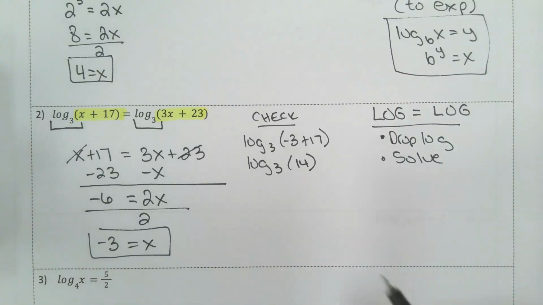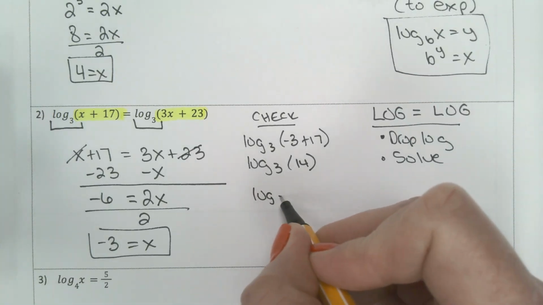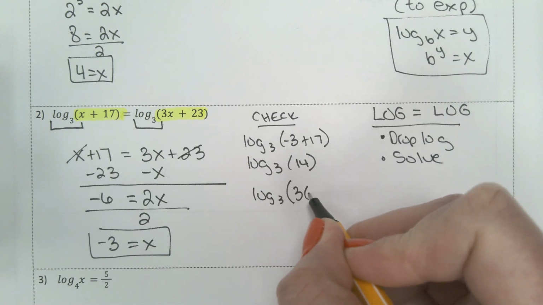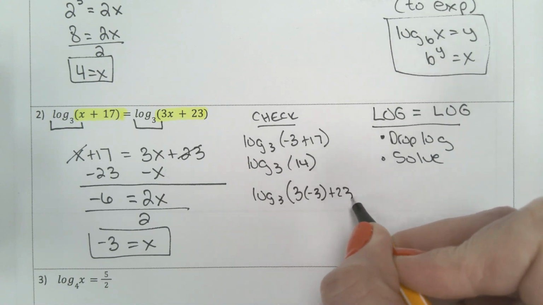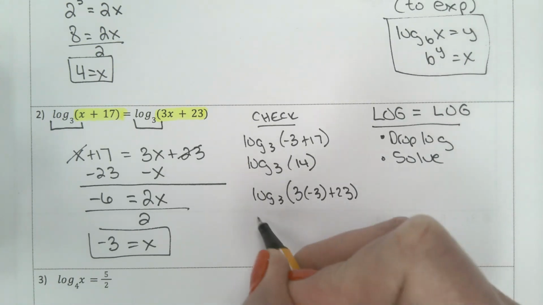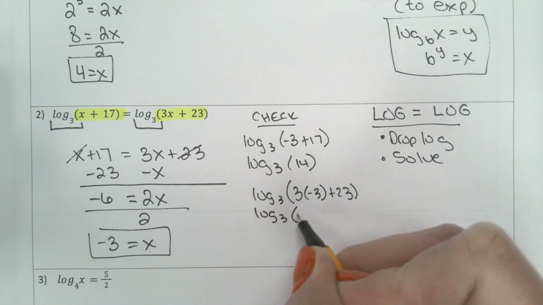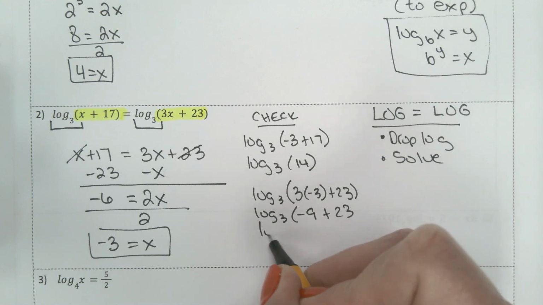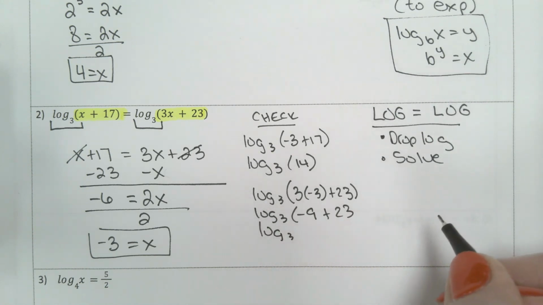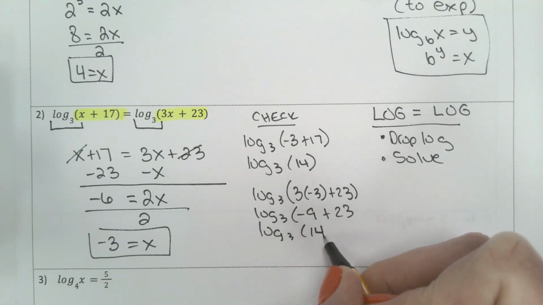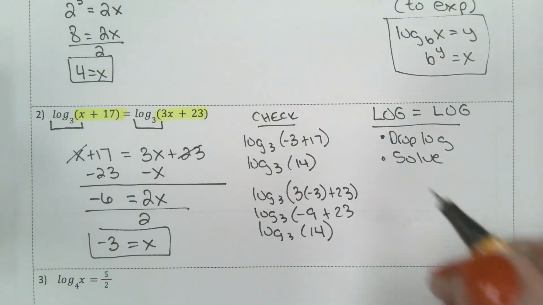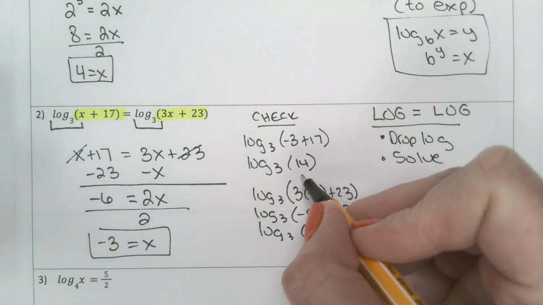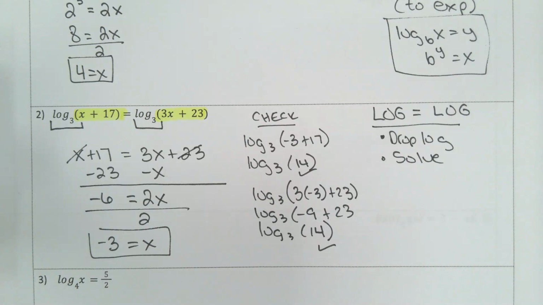And on the other one, I have log base 3 of 3 times negative 3 plus 23. 3 times negative 3 is negative 9. Negative 9 and 23 adds up to 14. And so log base 3 of 14 equals log base 3 of 14.